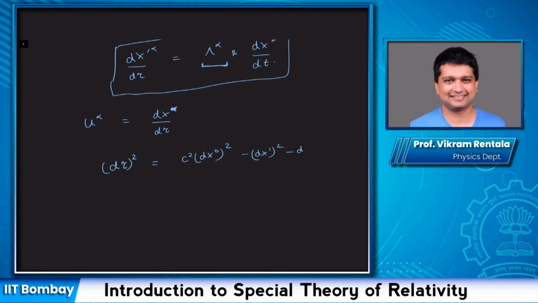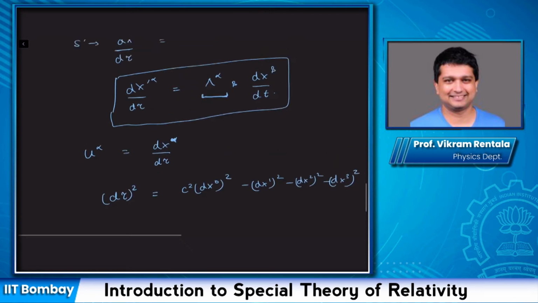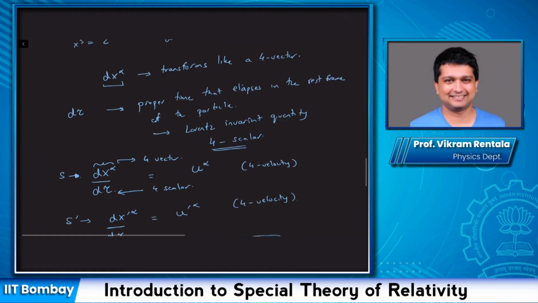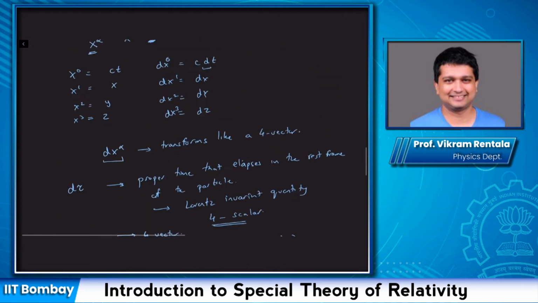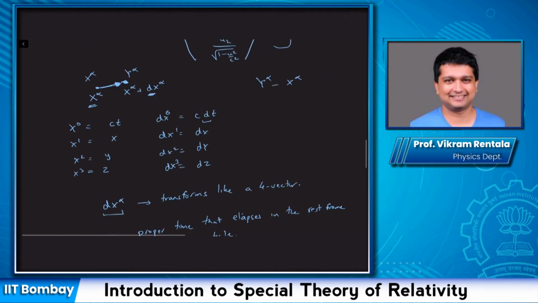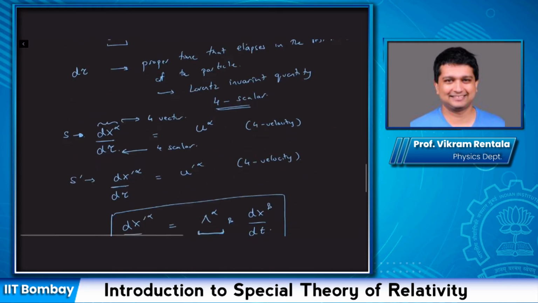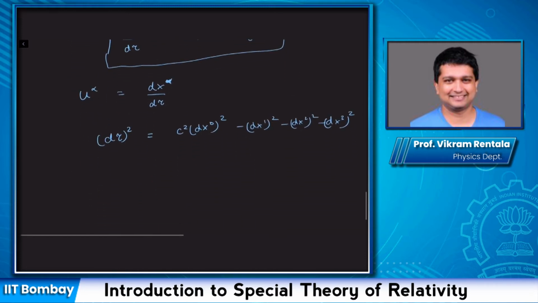Okay, so in particular in reference frame S, we can calculate this as c² dx0² minus dx1² minus dx2² minus dx3². That is, we calculate the space-time interval between these 2 points.